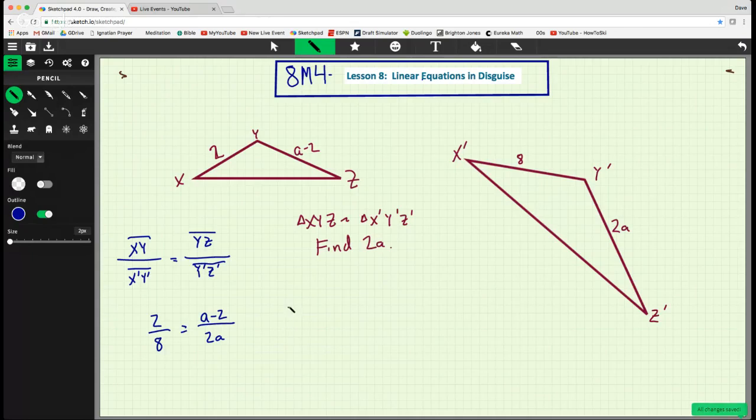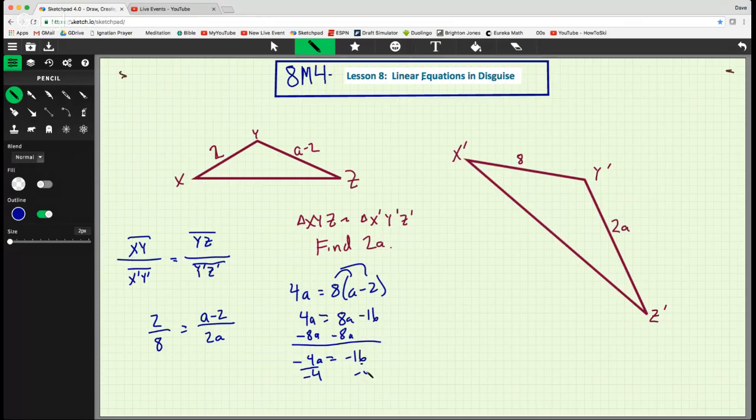I have 4a, that's 2 times 2a, equals 8 times (a minus 2). Distribute. Subtract 8a from both sides. Negative 4a equals negative 16. Divide by negative 4, divide by negative 4. And I get a equals 4.